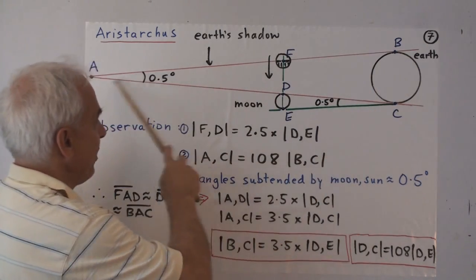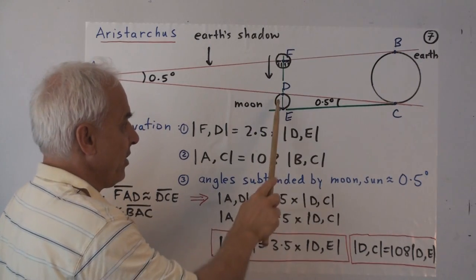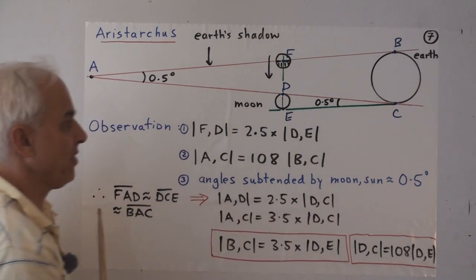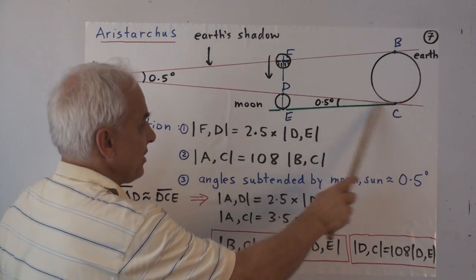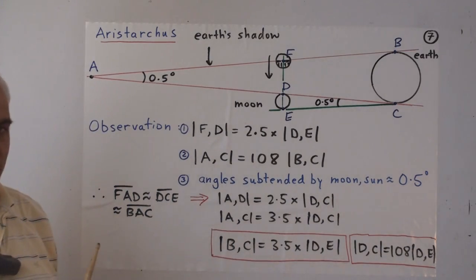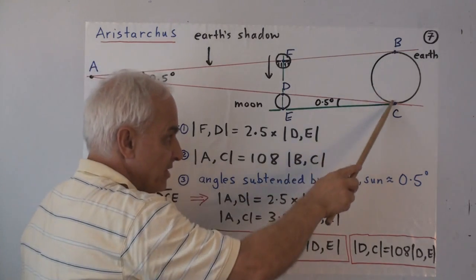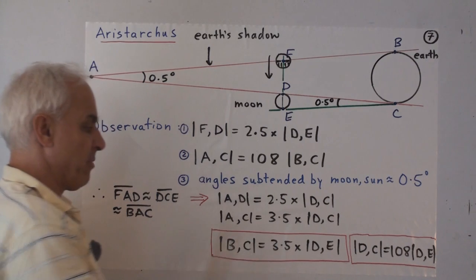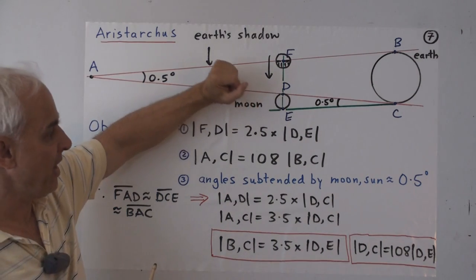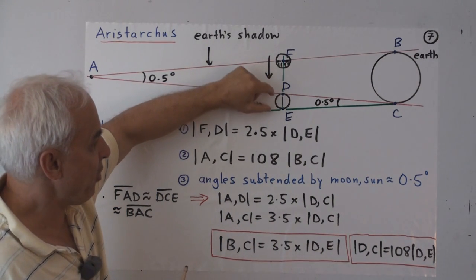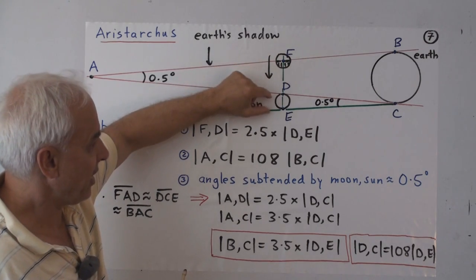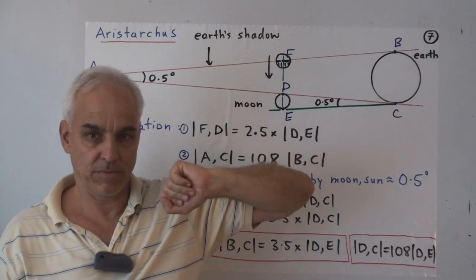So comparing this big isosceles triangle with this little isosceles triangle, the ratios of this side to this side are 3.5 to 1. So the ratio of this to this must be 3.5 to 1. That means that the Earth is 3.5 times the diameter of the moon.